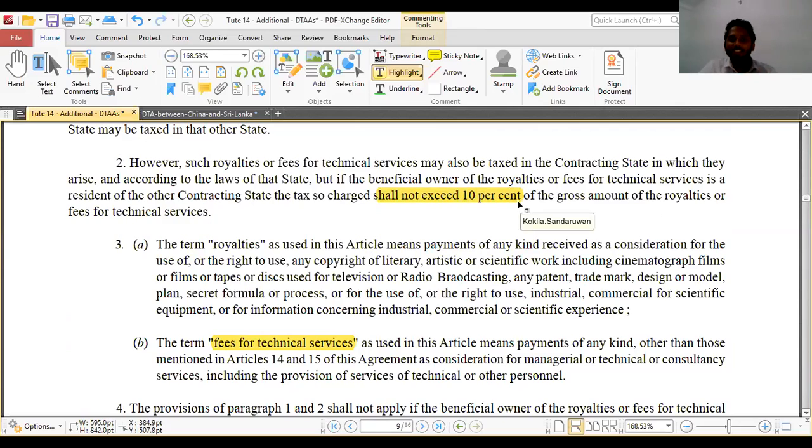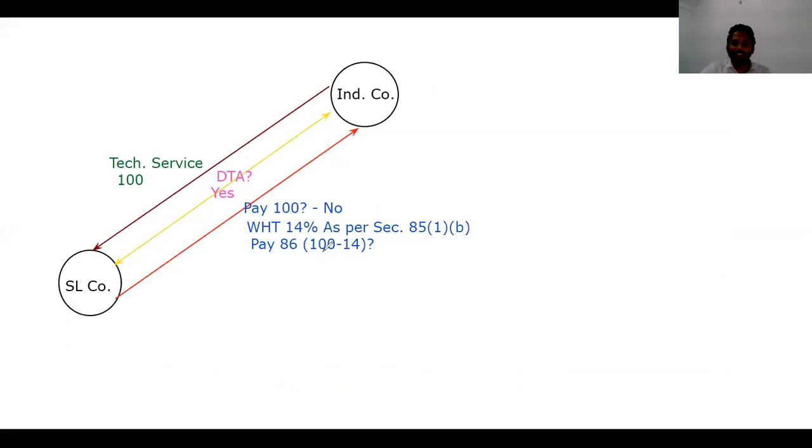For the India company I took here, the Inland Revenue Act says 14%, but the DTA says 10%.